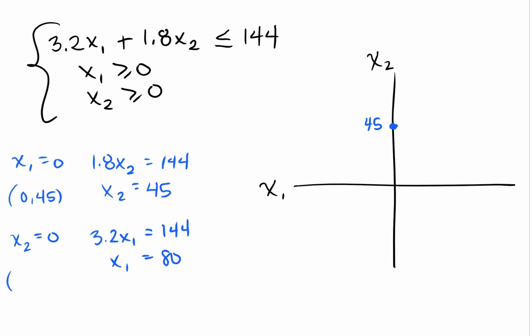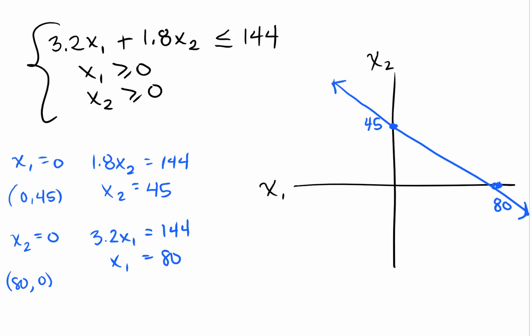So we'll end up with a second point at 80, 0. So we have 2 points, and we want to connect these with a straight line. We can connect these with a solid line because the inequality is less than or equal to.